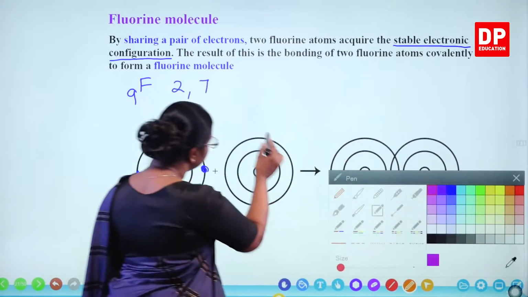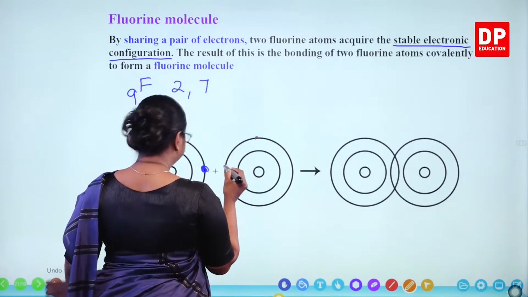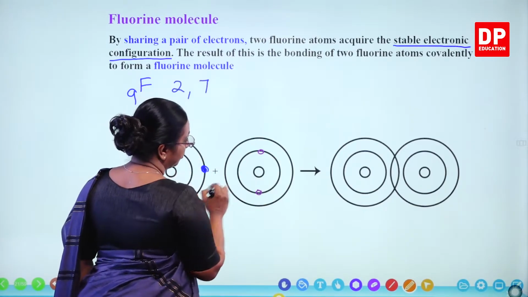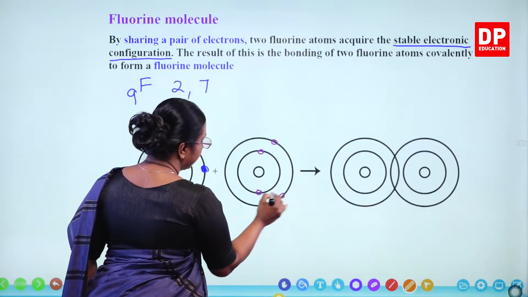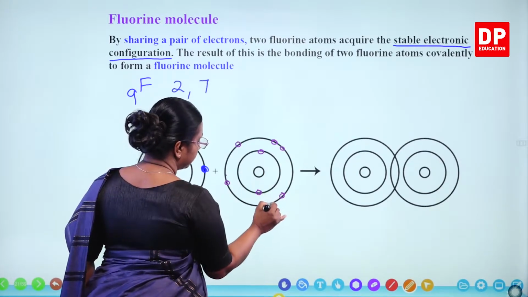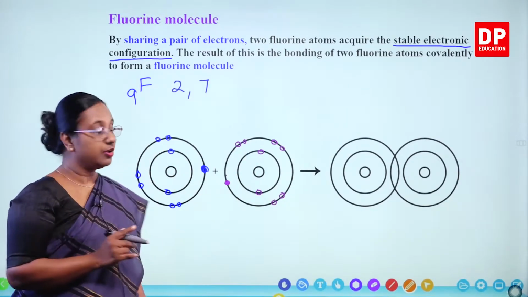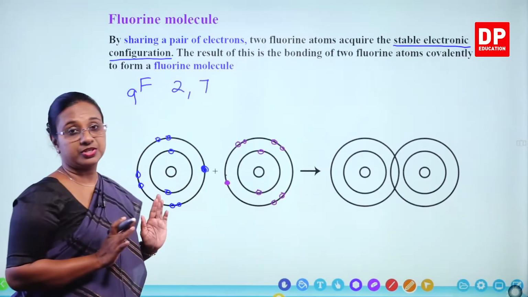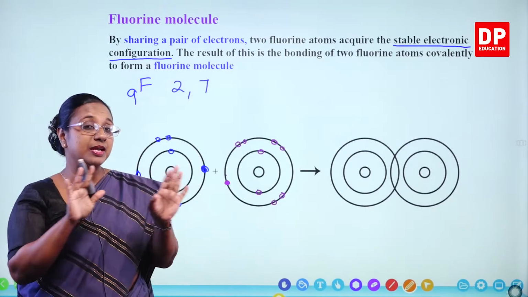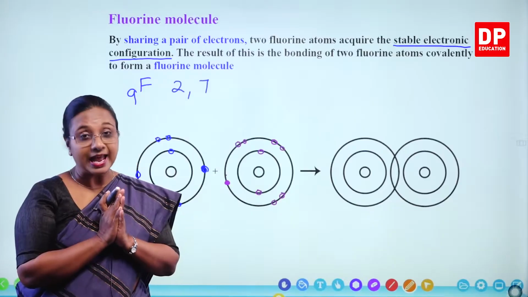I will denote the electrons with a different color. So here also in the first energy level, there are 2 electrons. Then in the second energy level, there are 7 electrons. So here there is again 1 single electron. So when these two come closer, initially, due to the negative charges of electrons, they might try to push each other, but that will be overcome by the atoms.